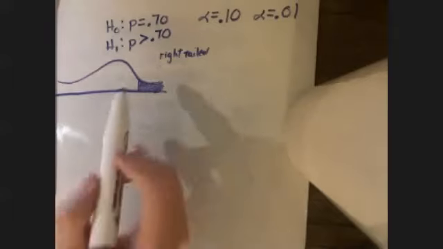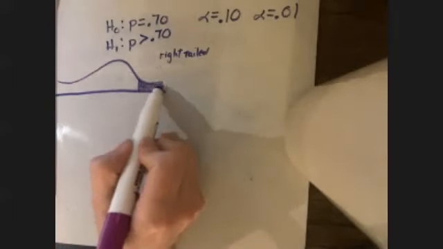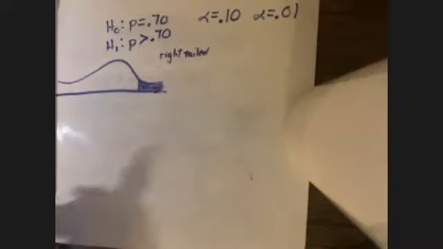Now, I want to go ahead and find that critical value. So again, I'm going to go back to my chart. Now, you could do this by working backwards out of your chart. We know that this area up here has to be 0.10. So you would look in the four-digit numbers in the body of your chart for as close to 0.9000 as you could possibly get.